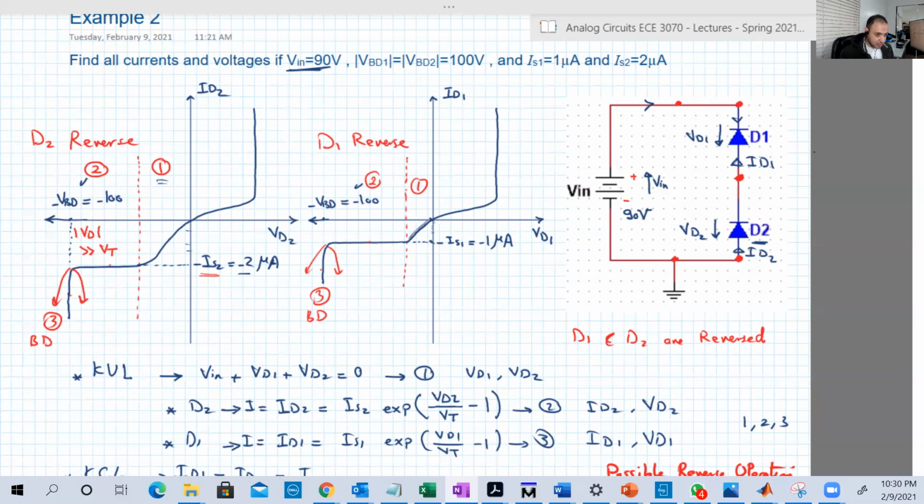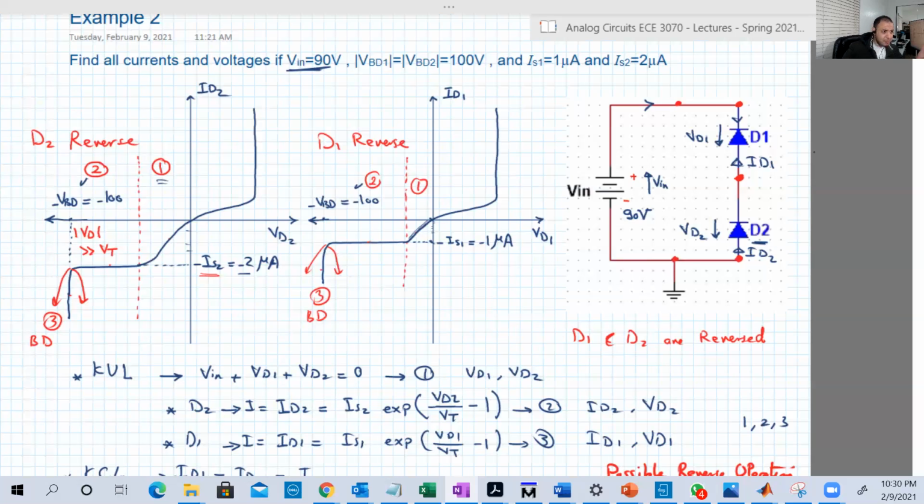If we say that both are in region 1, that's also incorrect, because that means that VD is really small. That means that VD is in millivolts. And basically if VD is in millivolts, when we add them together and add them to 90, this will not give us 0, which is KVL.